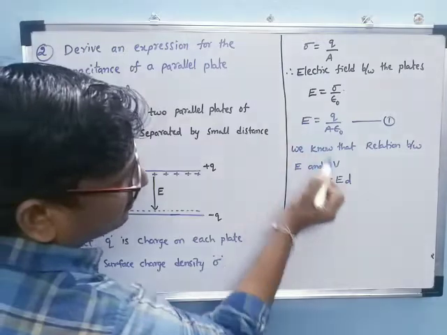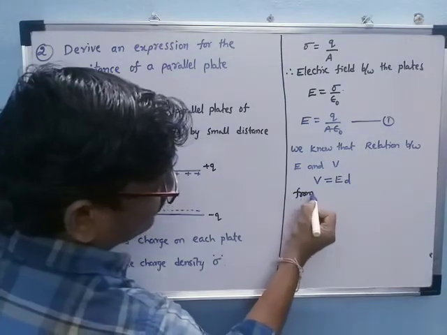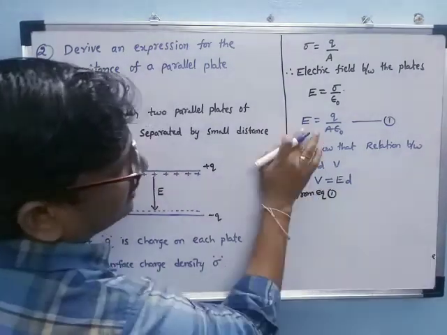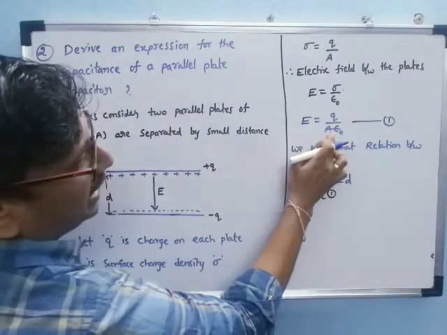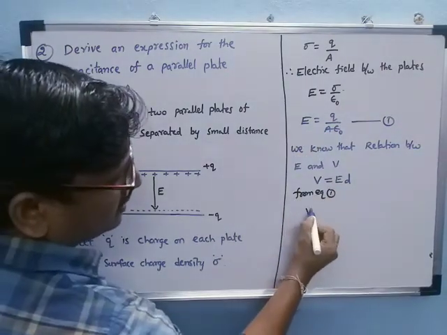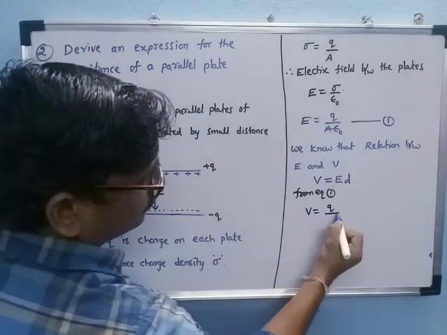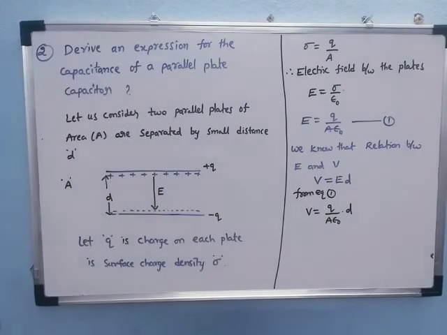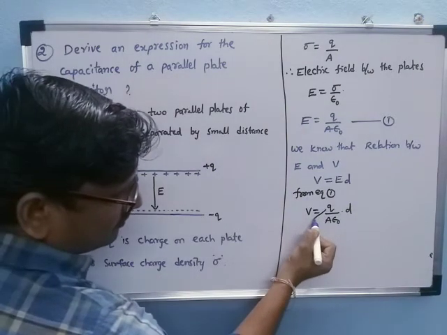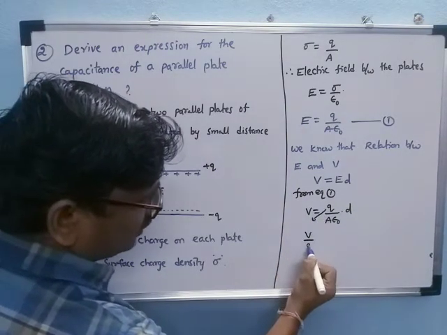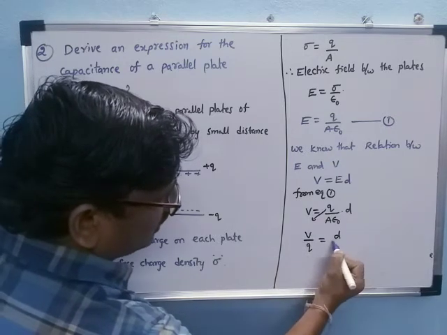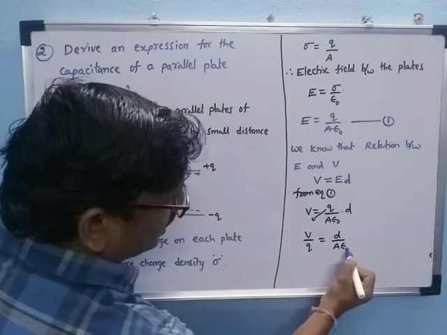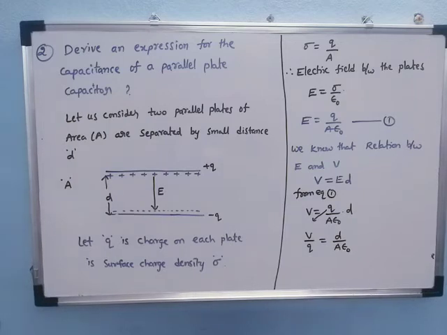Now substitute the E value from equation 1, E equals Q by A epsilon naught. Then V is equal to Q by A epsilon naught into d. Taking Q to this side, V by Q is equal to d by A epsilon naught.